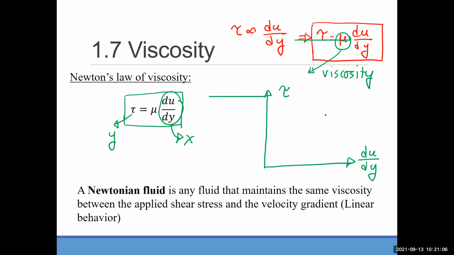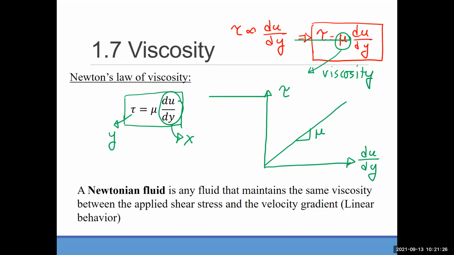It will be linear, right? Something like that, right? And what will be the slope of that line? Mu. So basically, this will act as y equals mx, the straight line equation, right?